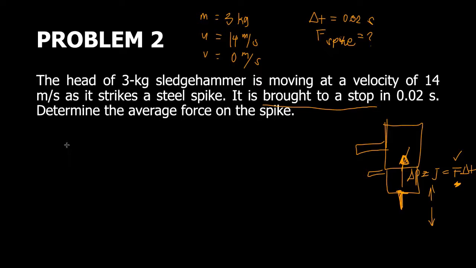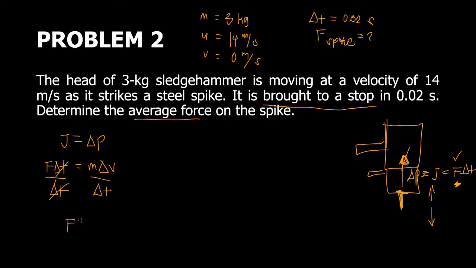So through the impulse momentum theorem, we say that the impulse applied on the sledgehammer is equal to its change in momentum. So ano yung impulse? That is F delta t. Since constant force naman to, or average force yung nahanap, is equal to m times delta v. Divide both sides by delta t to isolate our letter F.